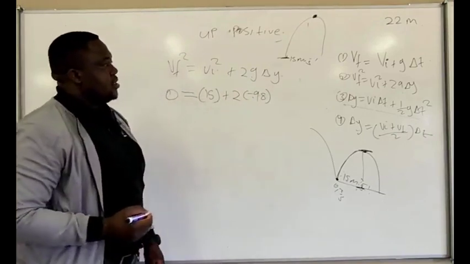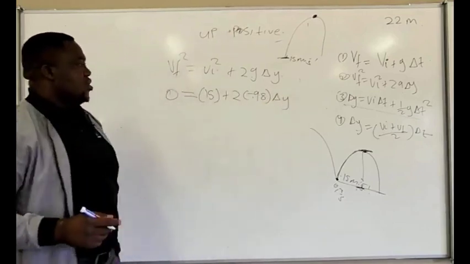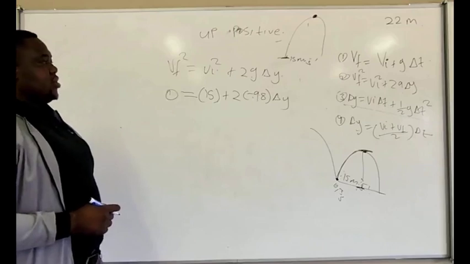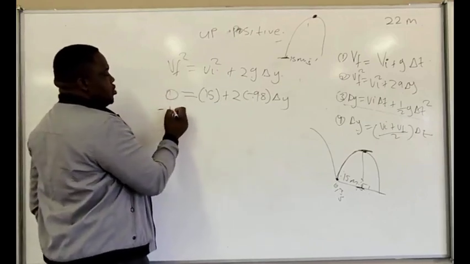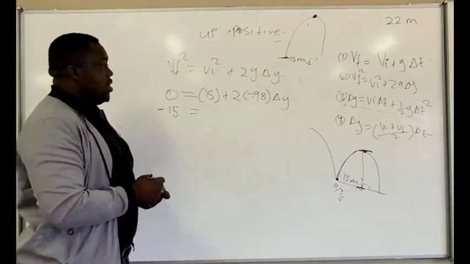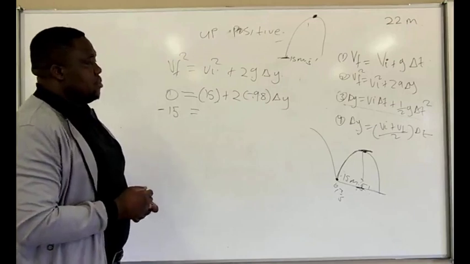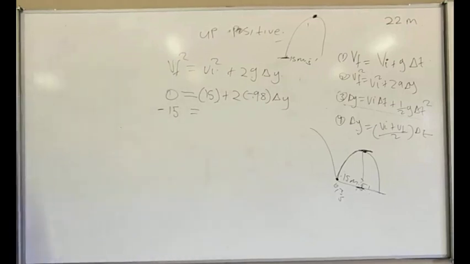You understand? Then we are trying to calculate the what? The displacement. So that's it. So let us move forward. We're going to take this 15, it's going to come this side, it's going to be minus 15. Then we will have 2 multiplied by 9.8.